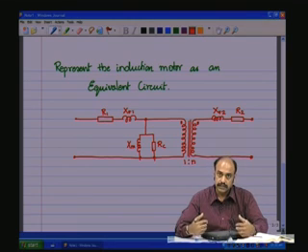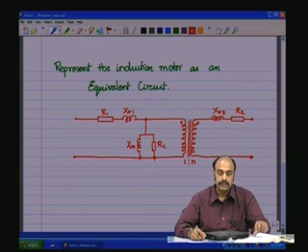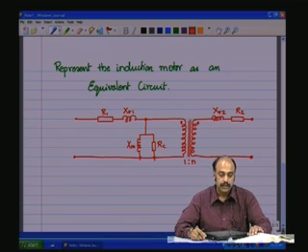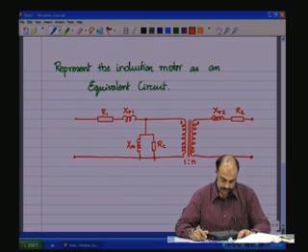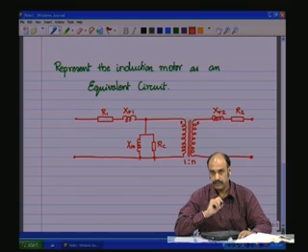The same equivalent circuit of the transformer can also be applied to the induction motor. So let us go step by step to achieve the equivalent circuit, starting from the standstill condition. Under standstill condition, there is no motion of the shaft, which means there is no power delivered to the shaft.